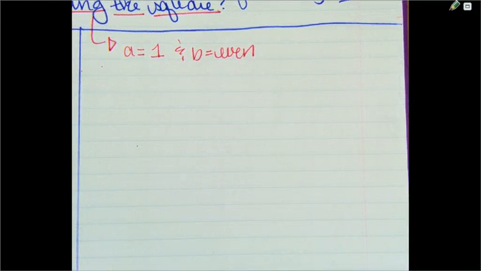If A is not 1 and B is not even, then don't complete the square. You're going to either factor or use the quadratic formula, depending on the problem. Okay?